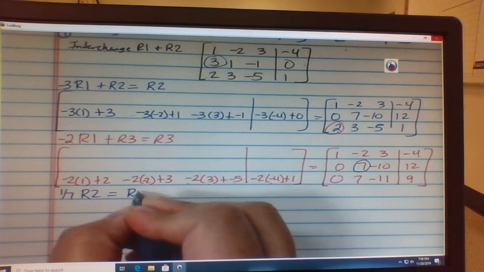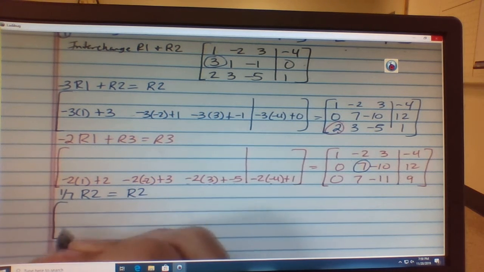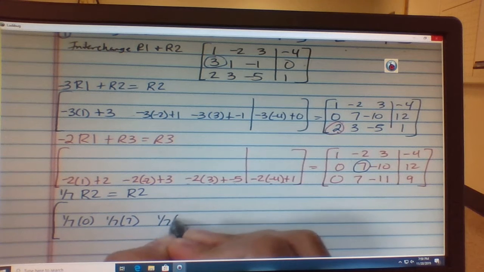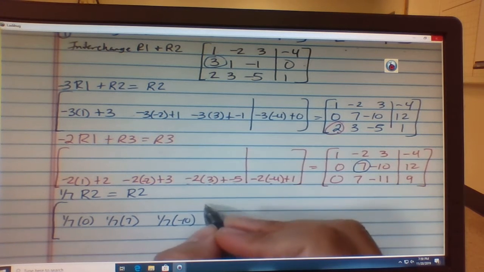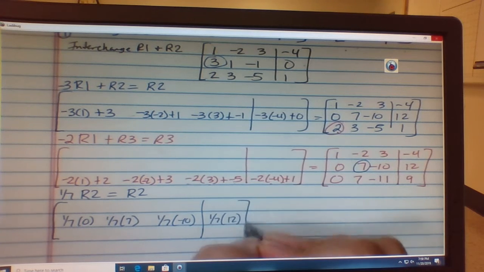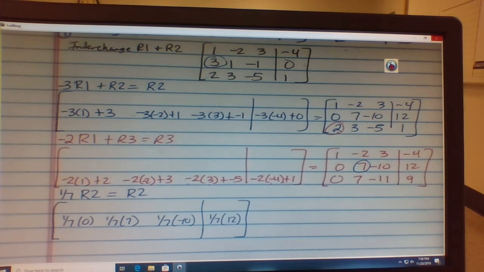That is your new row 2. Very good. 1/7 times 0. 1/7 times 7. 1/7 times 10. And 1/7 times 12. And remember, just because you get fractions doesn't mean you're doing something wrong. It's okay.